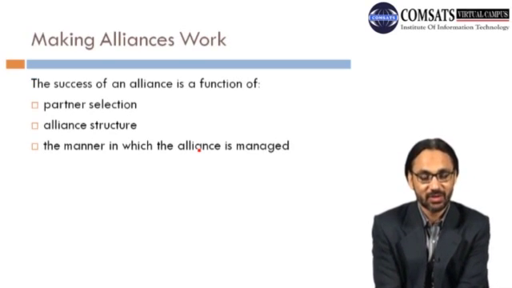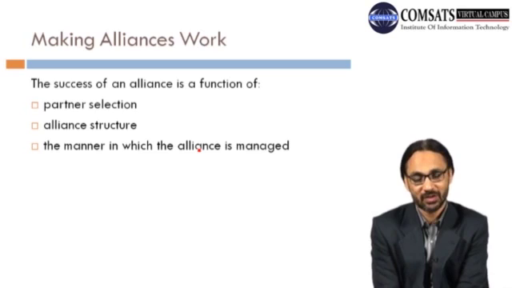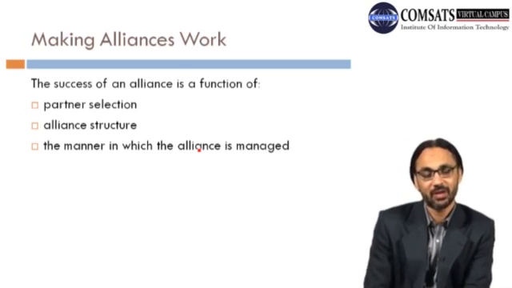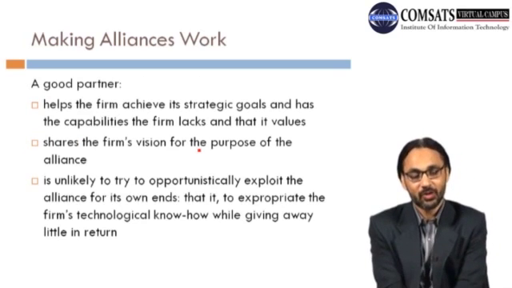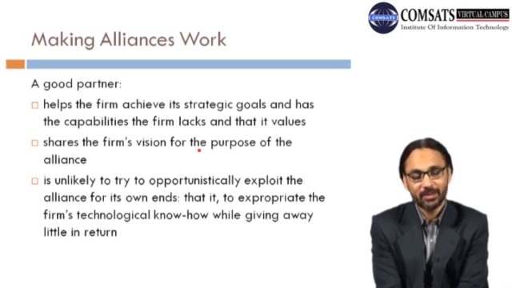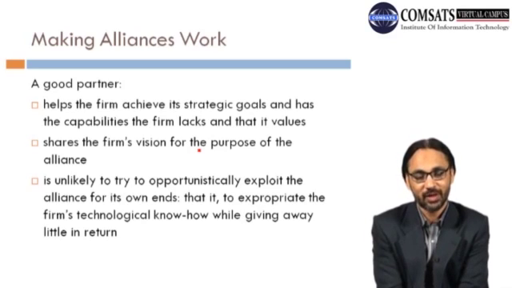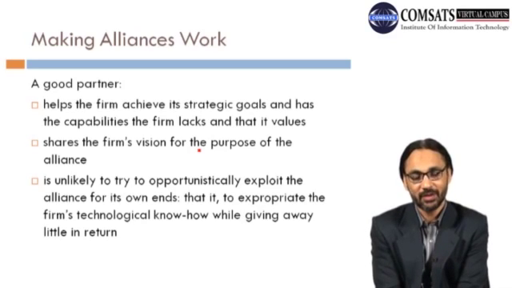The success of an alliance is a function of partner selection, alliance structure, and the manner in which the alliance is managed. There are three things involved in a strategic alliance. First, a good partner. A good partner helps the firm achieve its strategic goals and has the capabilities the firm lacks and values.